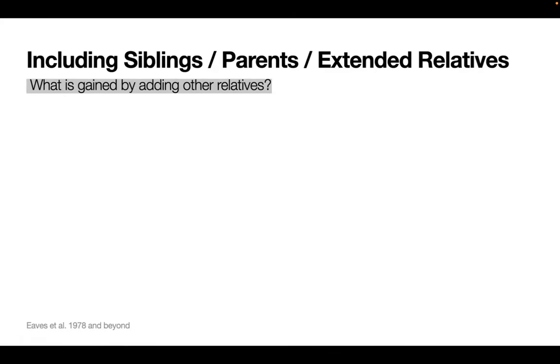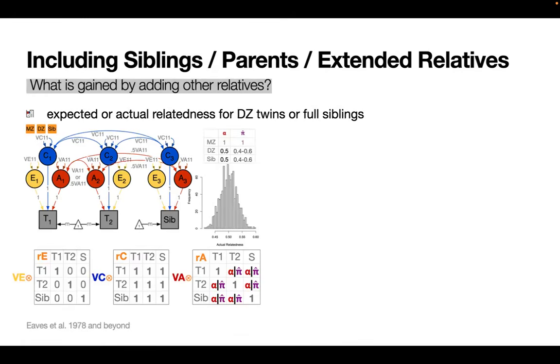Finally, these models are not limited to data from MZ and DZ twins, and we could add other relatives that provide additional information to estimate the sources of variation. When we include siblings, it could be either as separate groups, or we could have twins who have an extra sibling, and then we just increase the size of the expected covariance matrices with the extra sib.